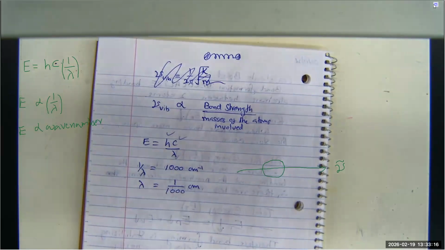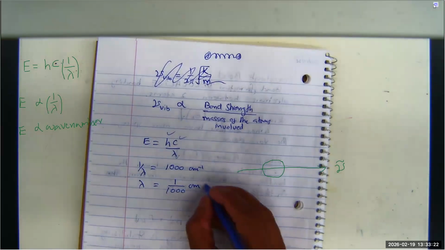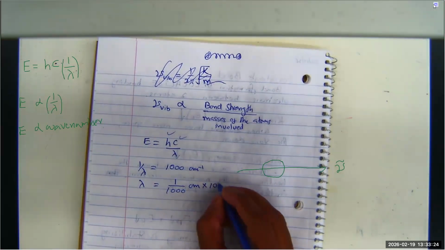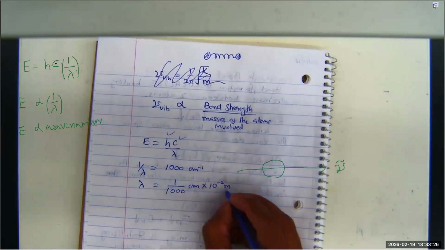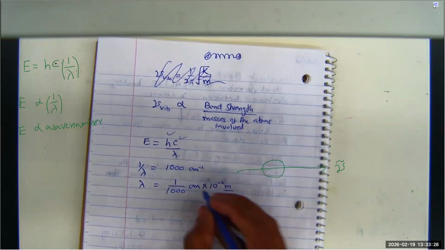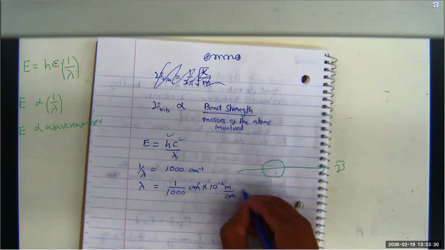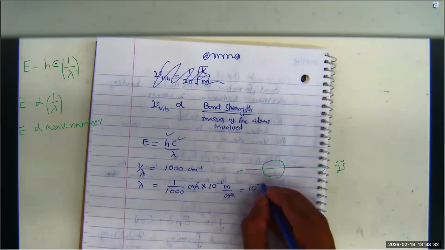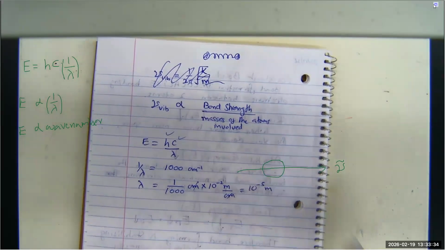1 over 1000 centimeters is our lambda. And then we want this in meters. We know how to convert centimeters to meters. We're going to multiply this by 10 to the power of -2, because that's how many meters we have in a centimeter. Centimeters cancel out. We are going to get 10 to the power of -5 meters as our wavelength. And now what do we do with this?